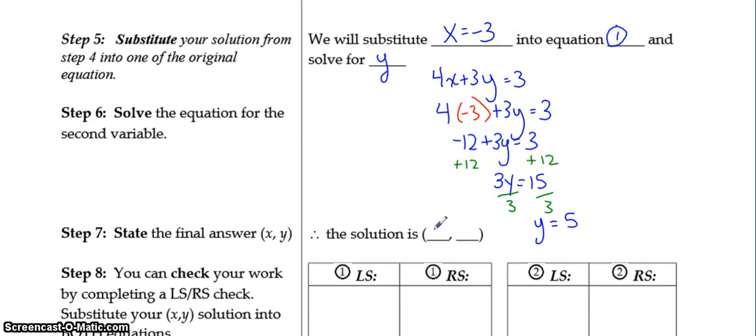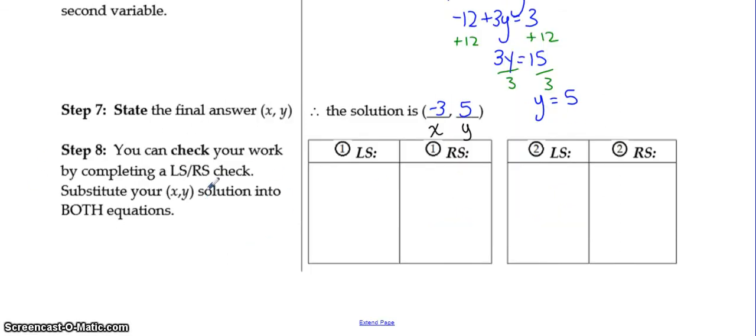So the point of intersection, or the solution, your x value is negative 3 and your y value is 5. So always remember that the x comes first and the y comes second, because sometimes you solve for y first and x second, but you want to make sure you put the x first here and the y second there.